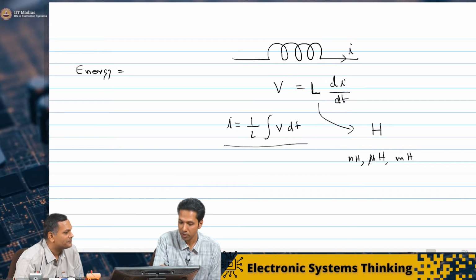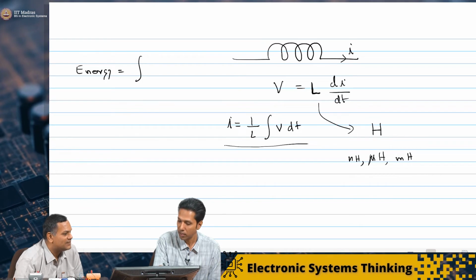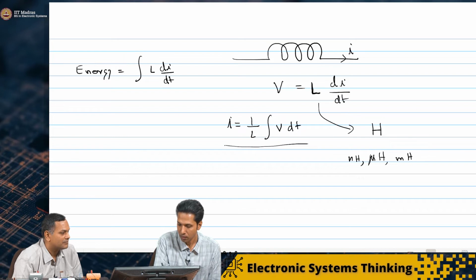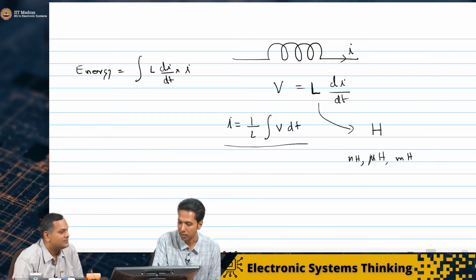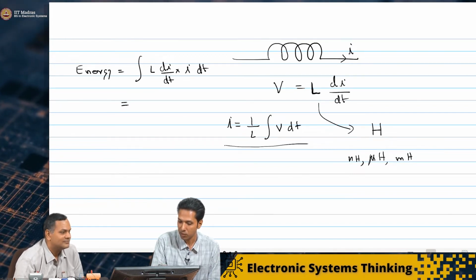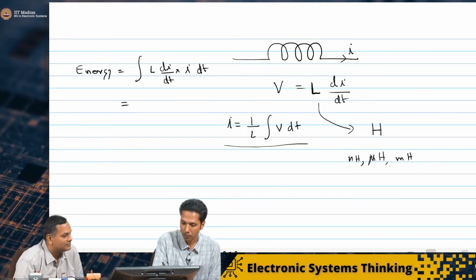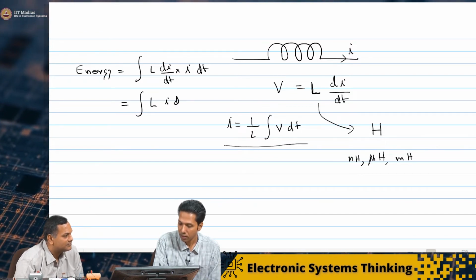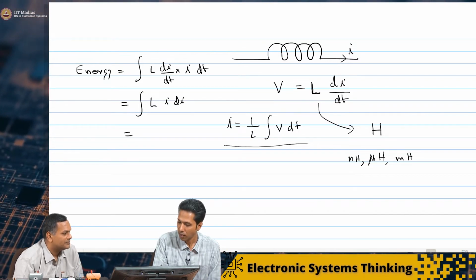So energy will be the integral of power dt, which is V times I. V is L di by dt, times I dt. The dt will get cancelled, so I have the integral of L I di, which is I square by 2.